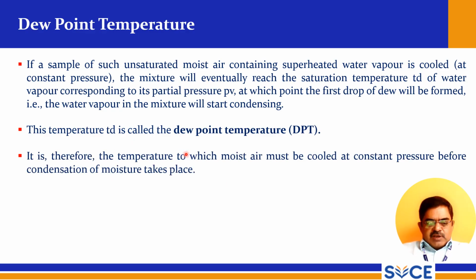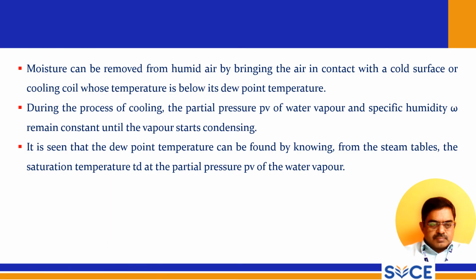It is therefore the temperature to which moist air must be cooled at constant pressure, because condensation of moisture takes place. So the condensation of moisture takes place at this point, that is known as dew point temperature. In the graph we can see that it is denoted as Td. Moisture can be removed from the humid air by bringing the air in contact with a cold surface or cooling coil whose temperature is below its dew point temperature.